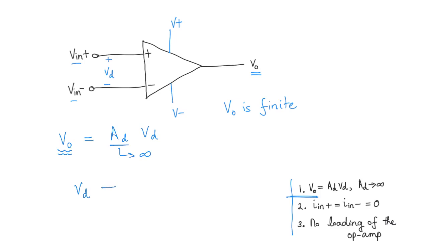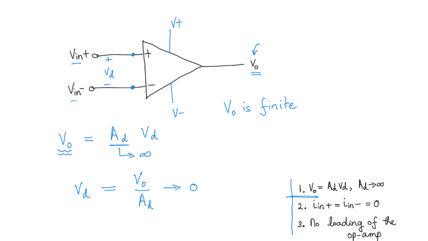It means that VD will be equal to V naught by AD, and therefore as AD tends to infinity, this is going to tend to 0. So if the output is finite, we can assume that the inputs at the two input terminals, the non-inverting and the inverting terminals, are the same.